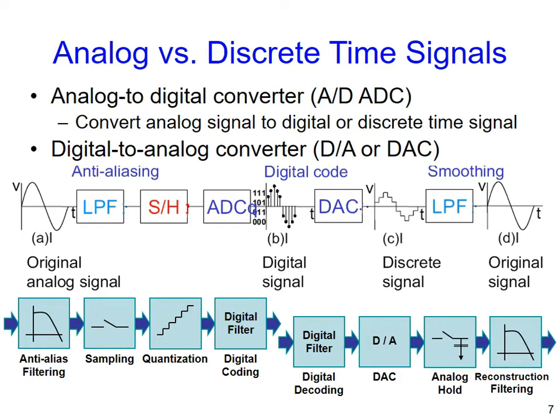Before the ADC, you need to have low-pass filtering. Why? It is called anti-aliasing. Maybe if I have time, I will give some more explanation about anti-aliasing, but you need to know some theoretical background. Anyway, in brief, what is that?